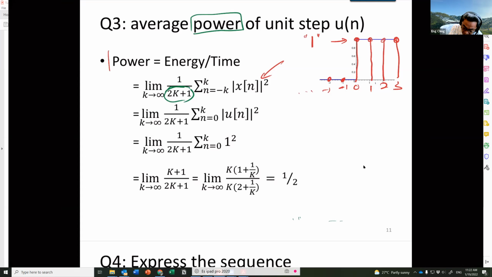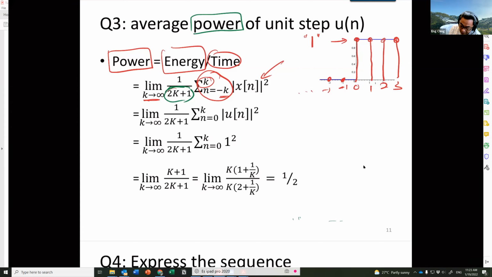Now, this is the power equation, which is the energy divided by time. So we begin with minus k to k here first, and we are going to send the limit of k to infinity. But let's pretend that k is not infinity first. All right, then in the bottom is 2k plus 1, because if we are summing from minus k to k, we are taking 2k plus 1 points.